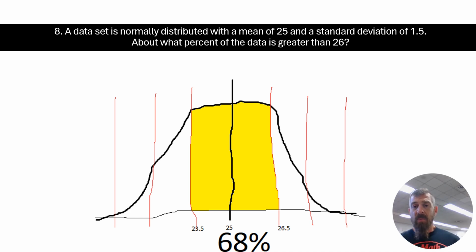And within three standard deviations, we have 99.7% of our data. We only need 68% here because 26 is going to fall in that one standard deviation range.